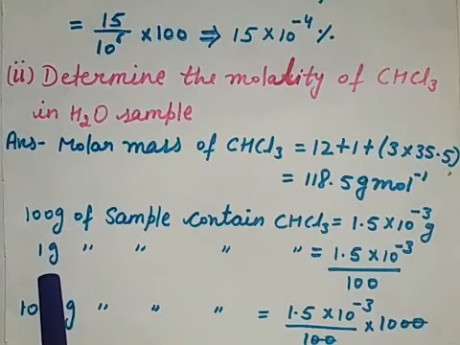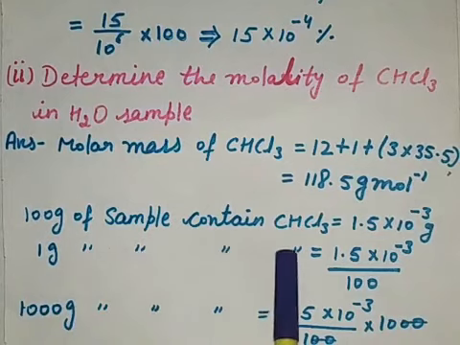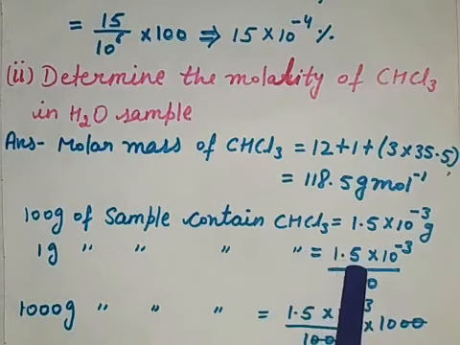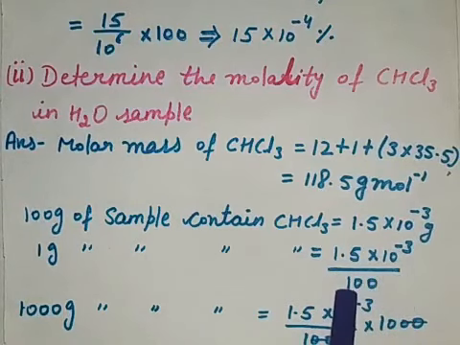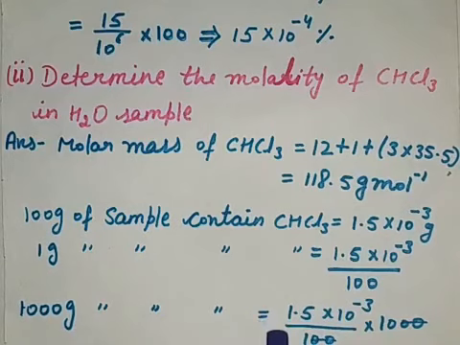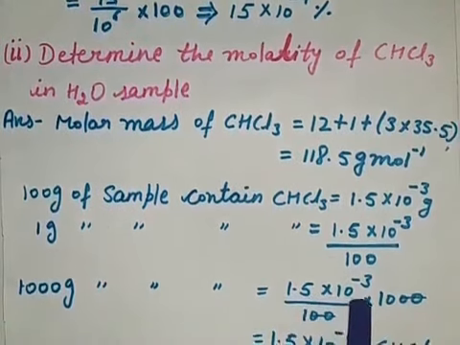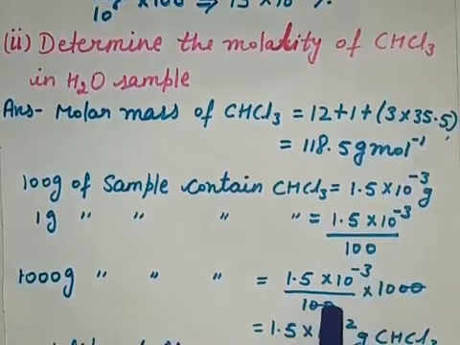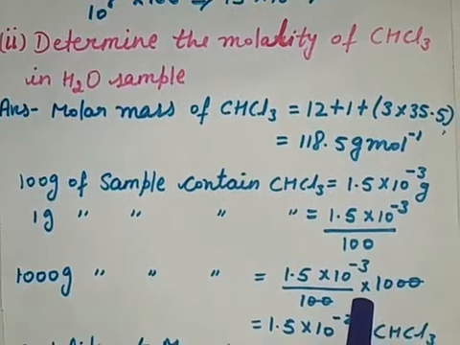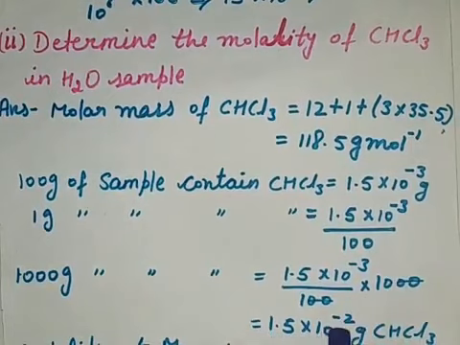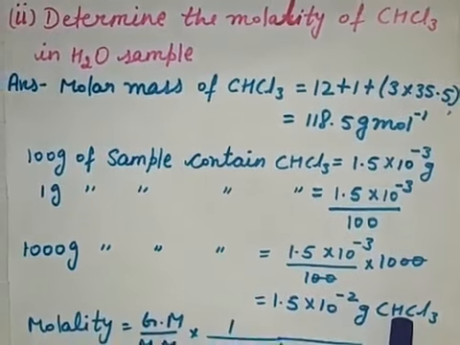So we will use the unitary method: in 1 gram of sample, chloroform is 1.5 into 10 to the power minus 3 divided by 100. So 1000 gram of sample contains chloroform equal to 1.5 into 10 to the power minus 3 divided by 100 into 1000. When you solve it, it comes to 1.5 into 10 to the power minus 2 gram chloroform.